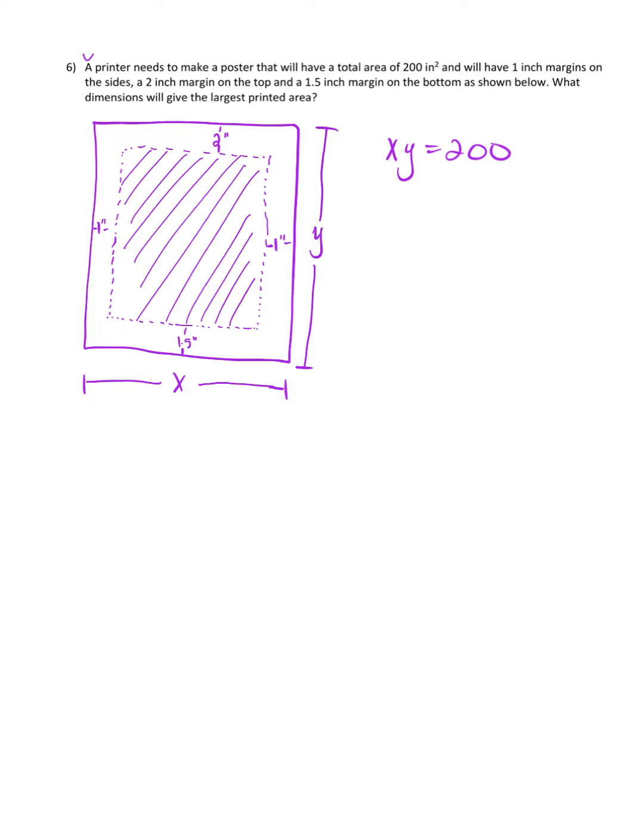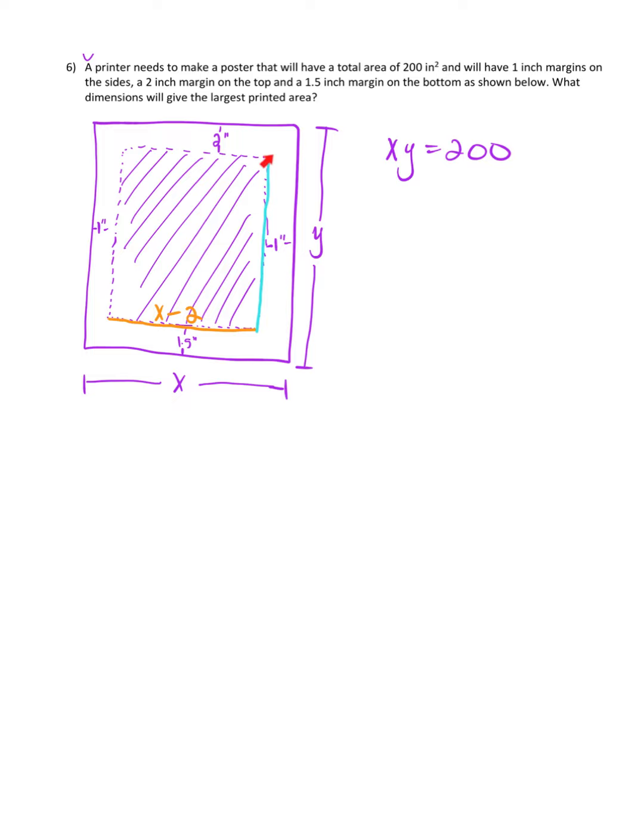So I need to know its length and width. So this length right here, it's X all the way to the edge. So I just need to subtract the 1 inch margin and the other 1 inch margin. So that means it's X minus 2. Okay, and then this length, it's Y if I go all the way to the edge.